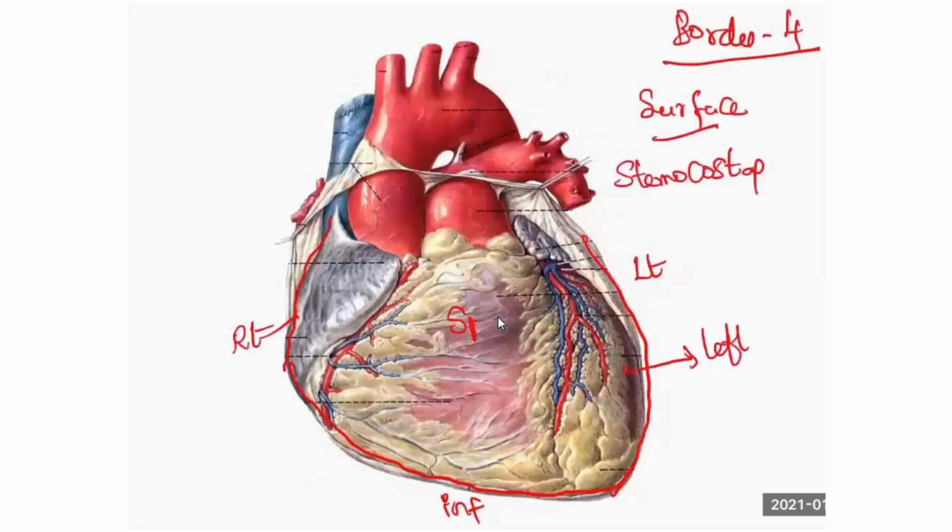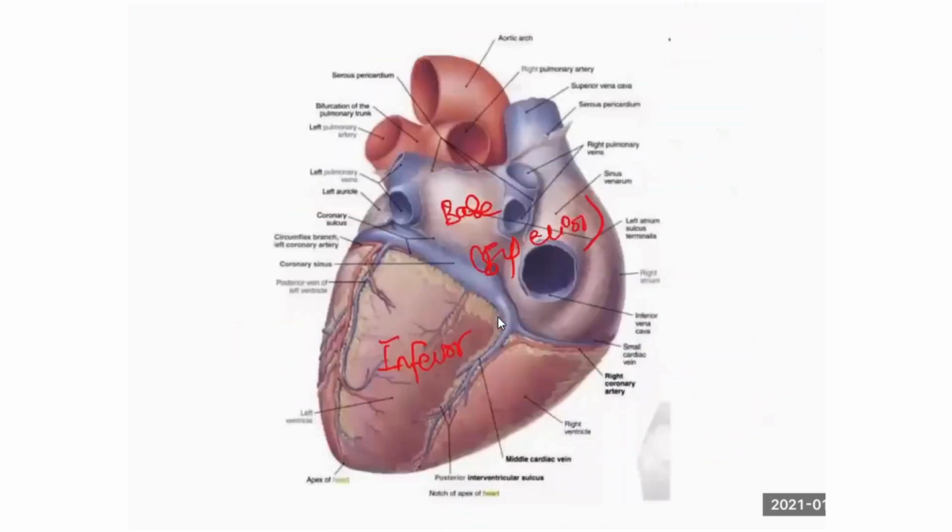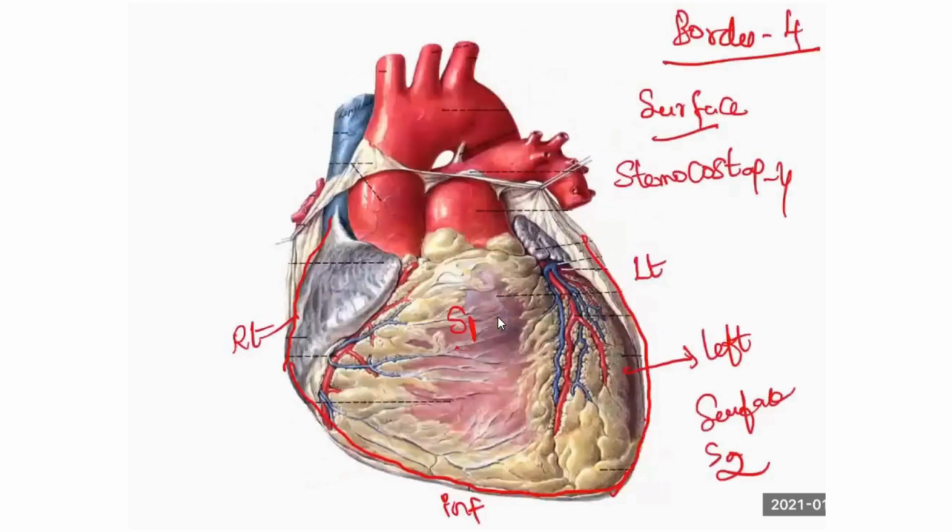Left surface, S2. Okay. On this you can see S1, S2, S3, S4. Inferior and superior. Totally how many surfaces? 4. Now you identify the chambers of the heart.